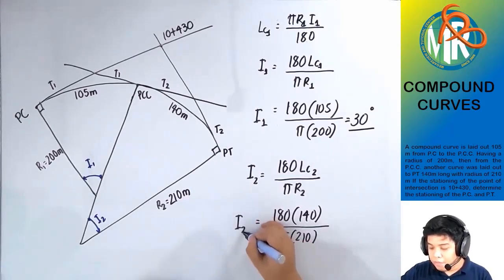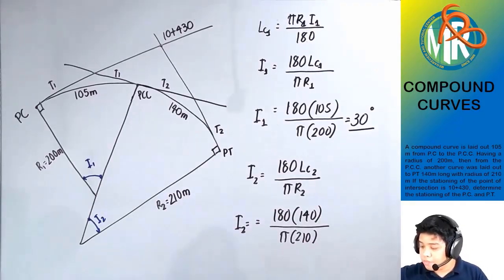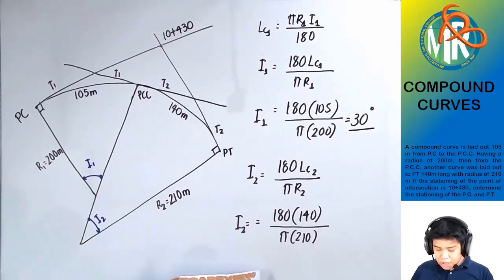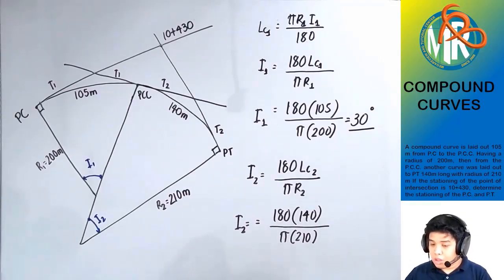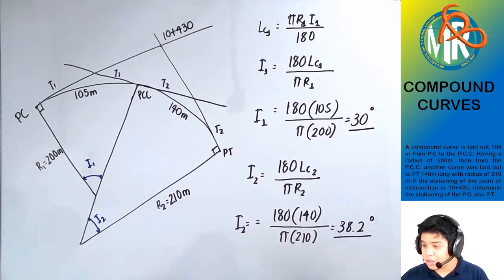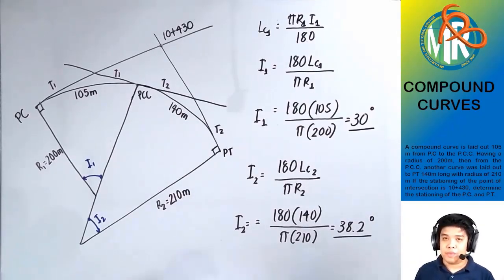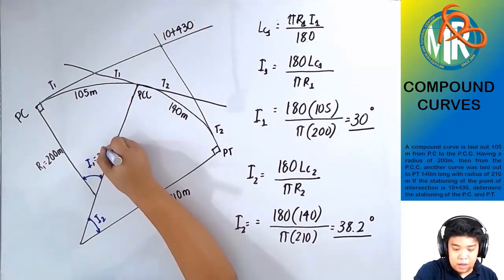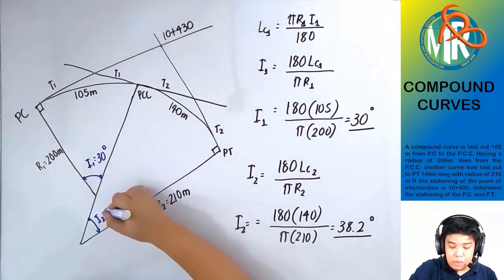So the value of I2 is 180 times 140 over pi times 210, and the answer is 38.2 degrees. Now that we know these, let us put them here. So I1 is 30 degrees and I2 is 38.2 degrees.